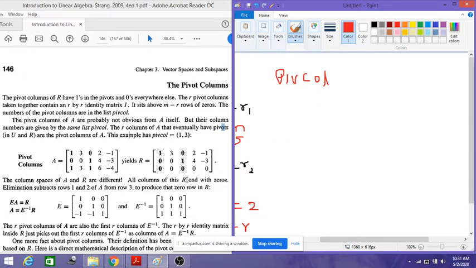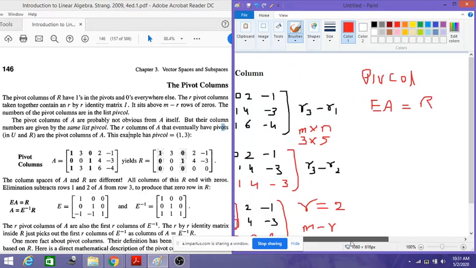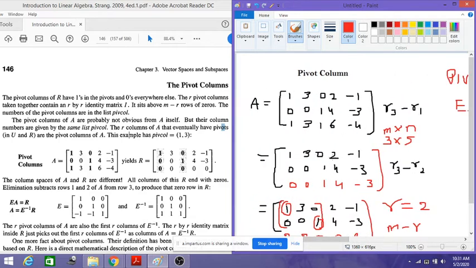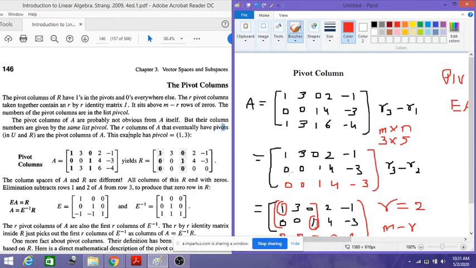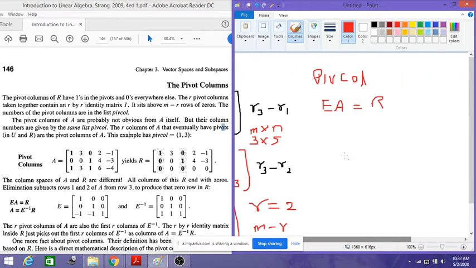And also if we look into the elimination matrix, E into A is equal to R. So if we represent this row reduction method in terms of the elimination matrix, what should the elimination matrix be? We have eliminated this point and then this point. If we take the identity matrix, the elimination matrix for this case is nothing but a modified version of it.